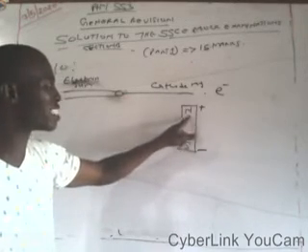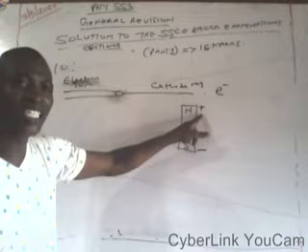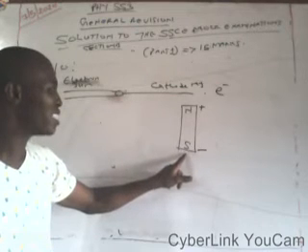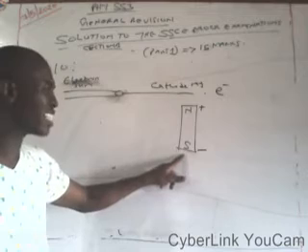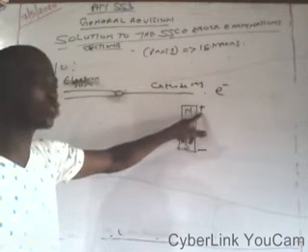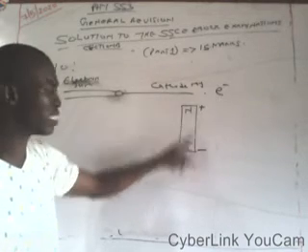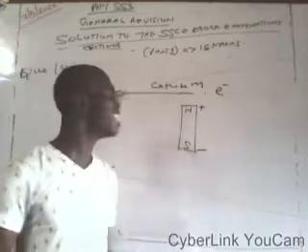The North Pole of the bar magnet behaves like a positive charge, while the South Pole behaves like a negative charge. So before you answer the question, you must get all these things right.